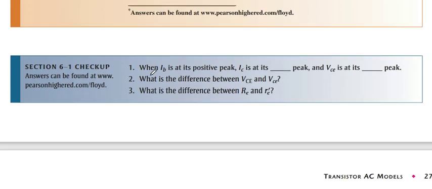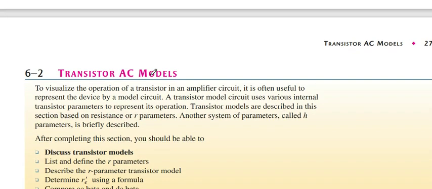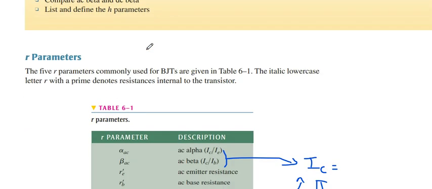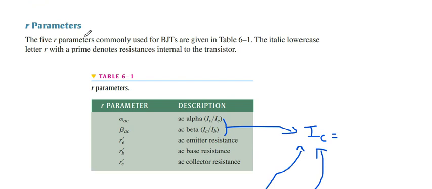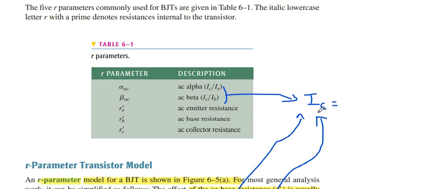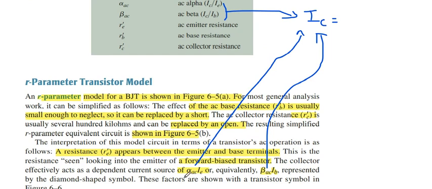This is an example. Okay, transistor AC models. First, it discusses the r parameters. Both these values we can calculate, IC, which is equal to these values.